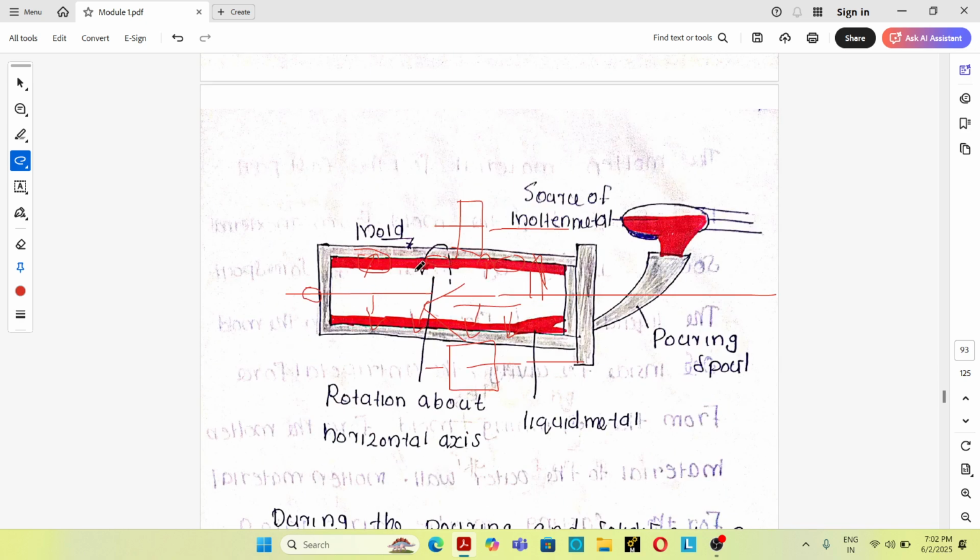Near the mold wall, there will be a high magnitude of centripetal force acting over the molten material, so a high density cast part will be created. In the center portion, less centripetal force will be acting.